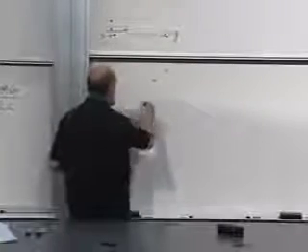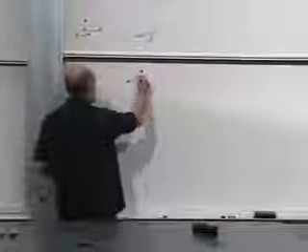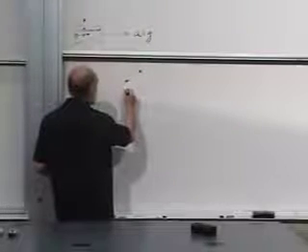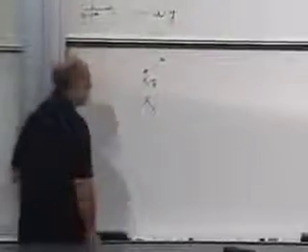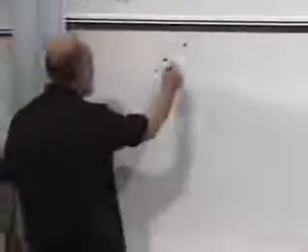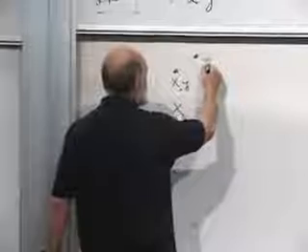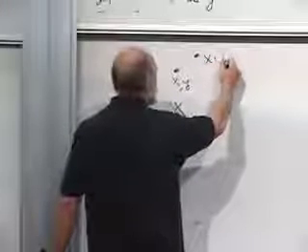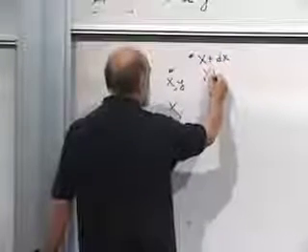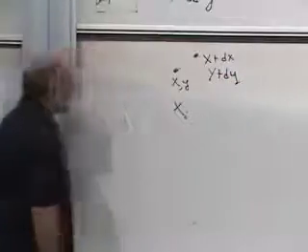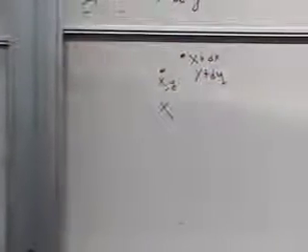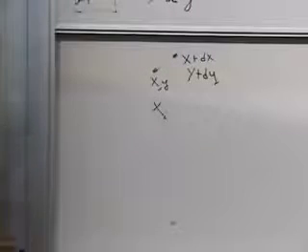Let's take a pair of points. Let's characterize them by coordinates x and y, or just let's call them x sub i, i runs from 1 to 2. And here's another point at position x plus dx and y plus dy. Two points separated by a differential distance dx and dy. What's the distance between them?